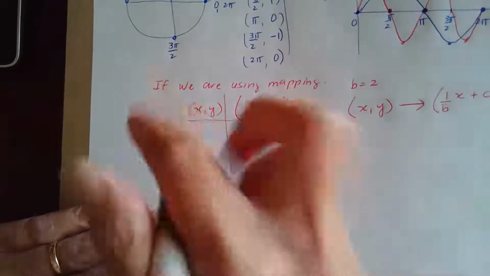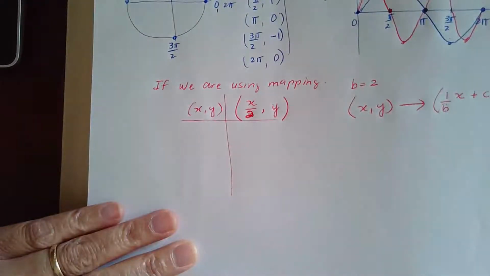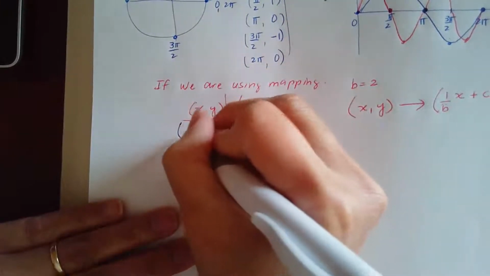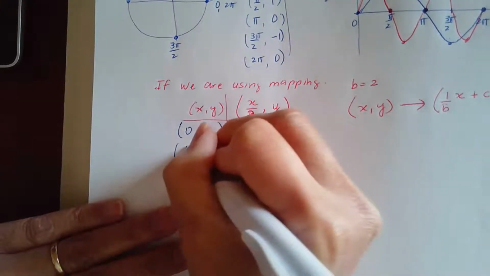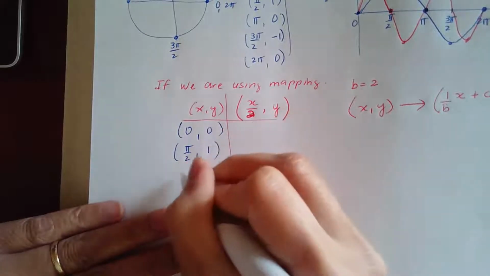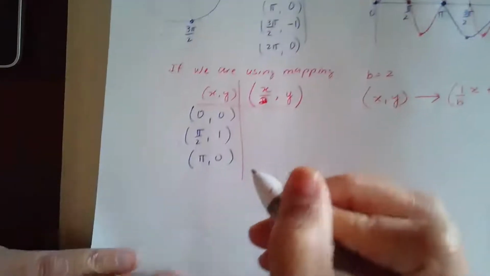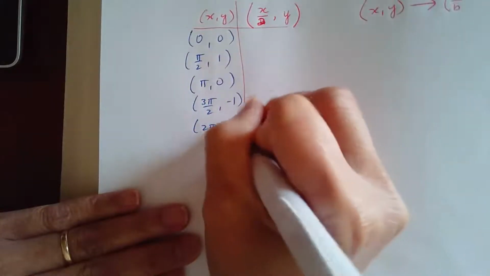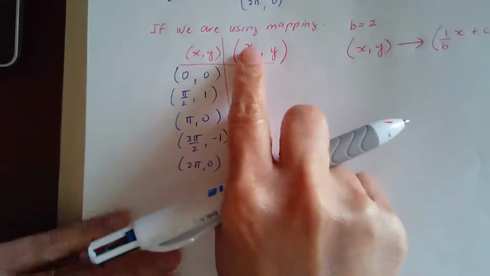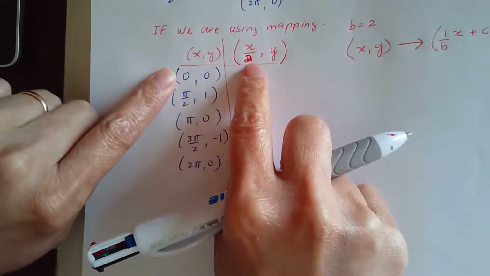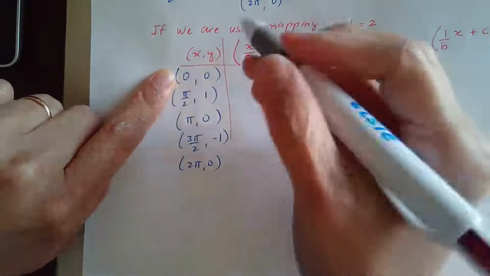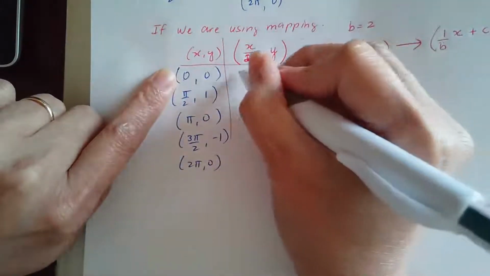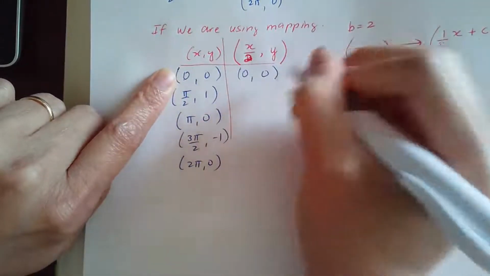This is what it used to be: 0, 0, pi halves 1, pi 0, 3 pi halves negative 1, 2 pi 0. Now everything is divided by 2 for x. If I divide 0 by 2, it's still 0, 0.